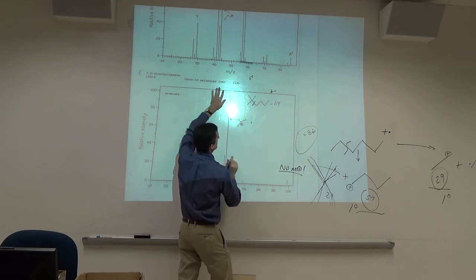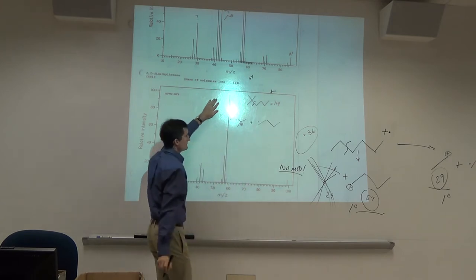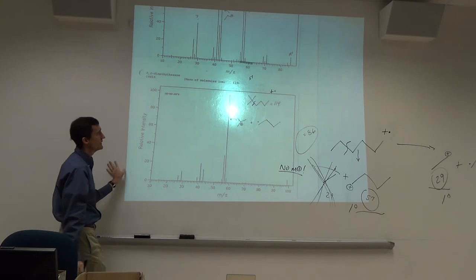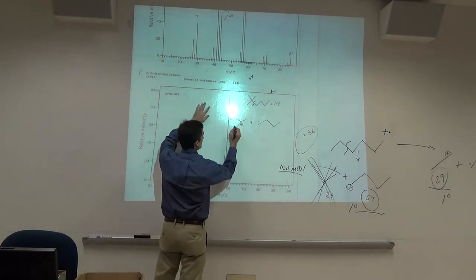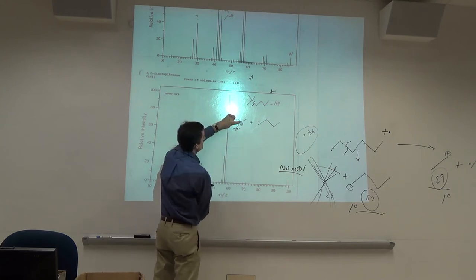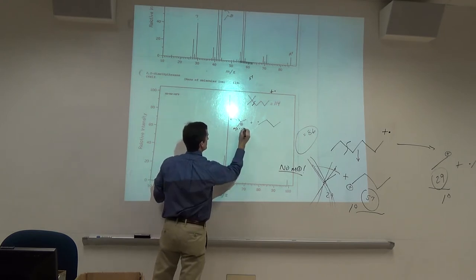What else would be? Plus this radical. Apparently that's where it cleaved. This has a mass. It's actually mass to charge, but for us the mass equals, what is this? 57?